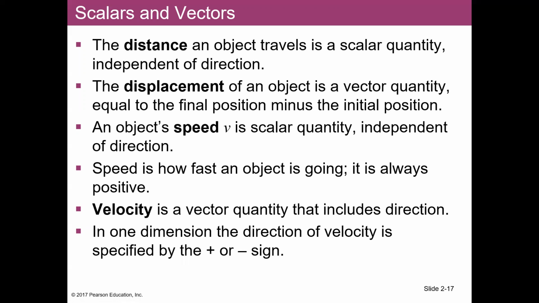That extra piece of information about the direction is what helps us to treat the object as a vector. And those quantities in that equation for the mathematics of uniform motion are vectors, besides the time interval. So displacement is a vector quantity. Object speed is a scalar. Velocity is a vector.